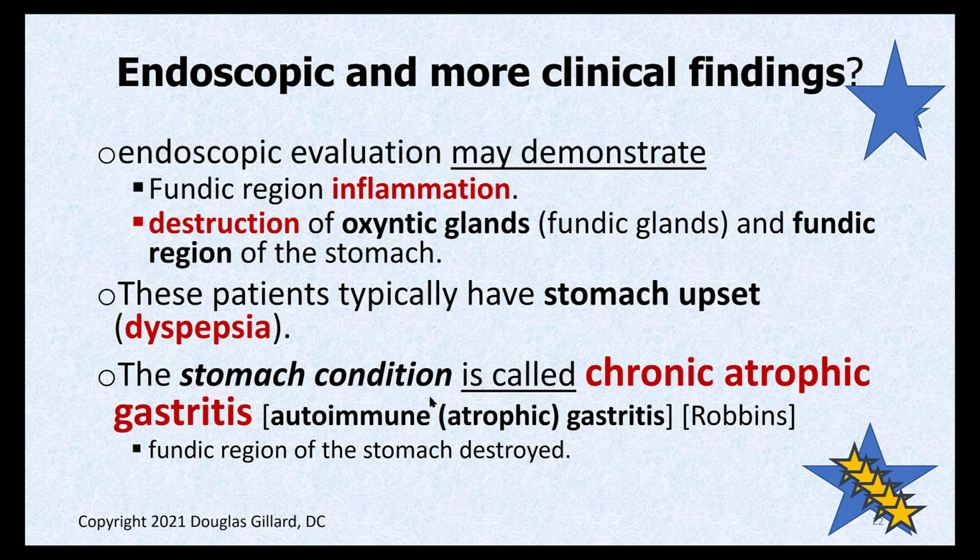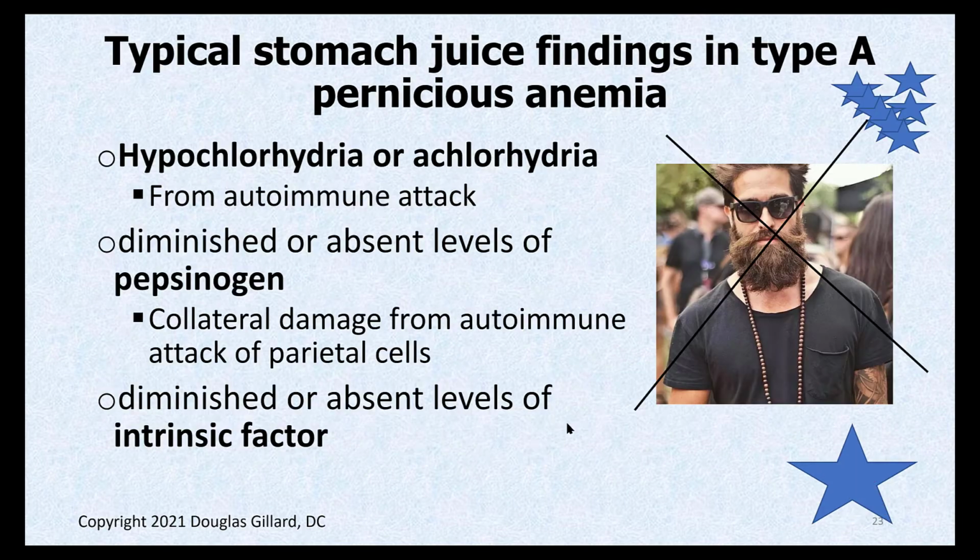We'll stop it there. But when you get an autoimmune attack against parietal cells, that causes a stomach condition in and of itself. So not only does it cause pernicious anemia, it causes a stomach problem called chronic atrophic gastritis, aka autoimmune atrophic gastritis. So we'll get to that in the next lecture.